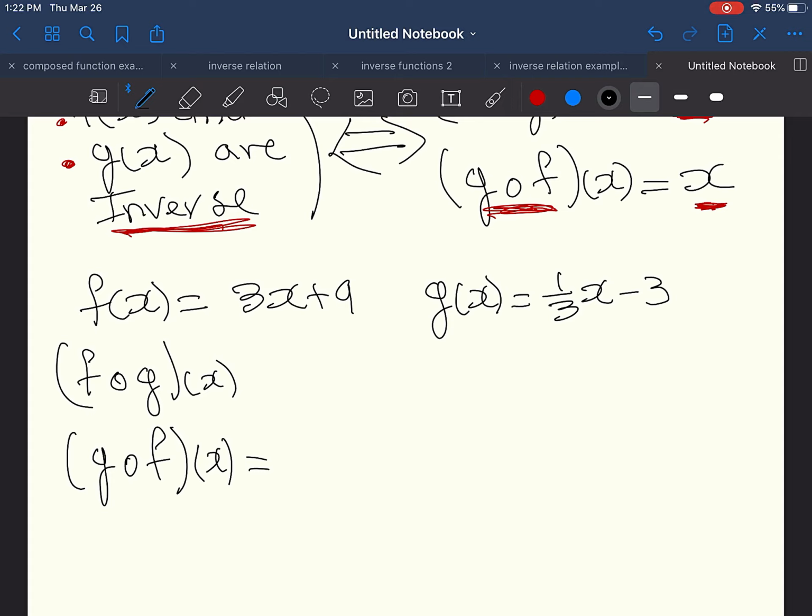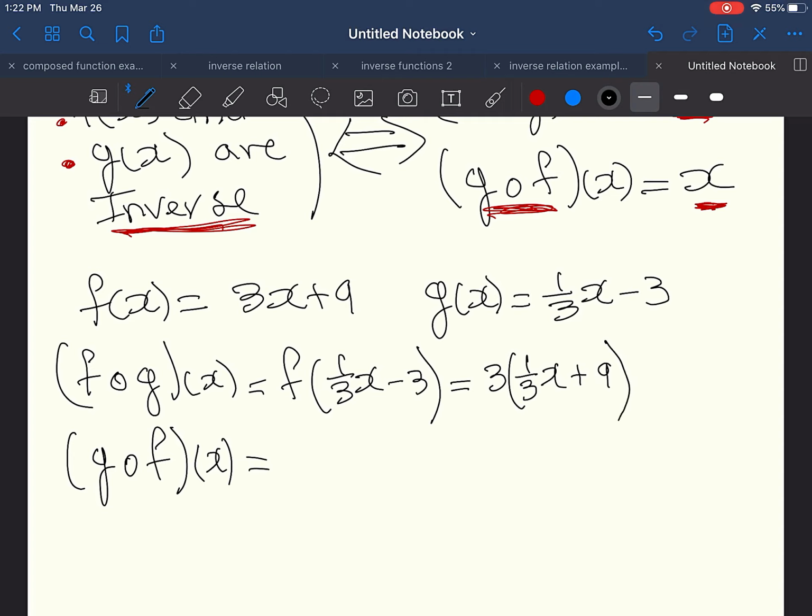Okay, starting with this. Now, this is f, and g is 1 over 3 times x minus 3. Using composite function, this is 3 times 1 over 3 times x minus 3, plus 9. I'm sorry, let me erase this.